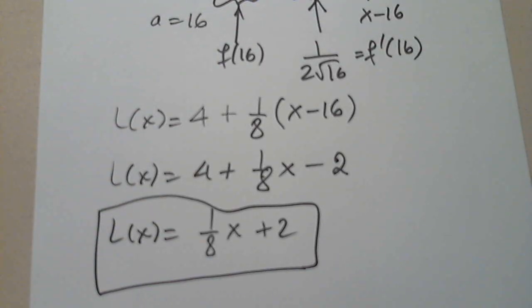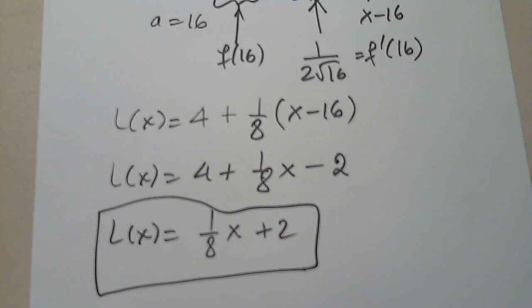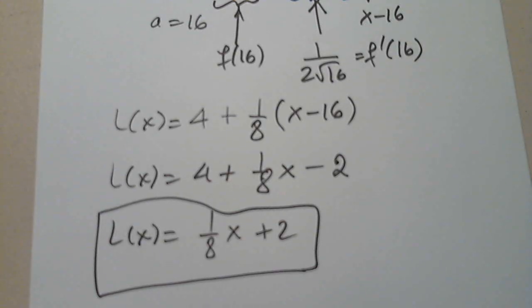And this is the line, the equation of the line, that can confidently approximate the function, the square root of x, in the vicinity of 16. Nowhere else. For any other number, we need another line.